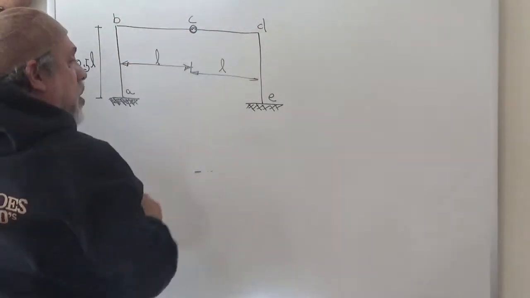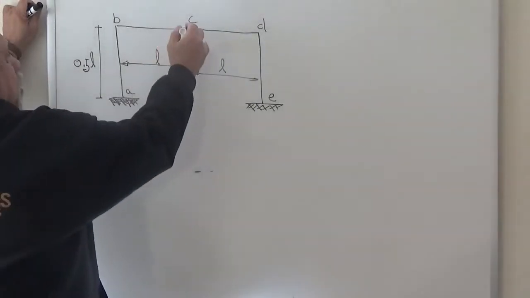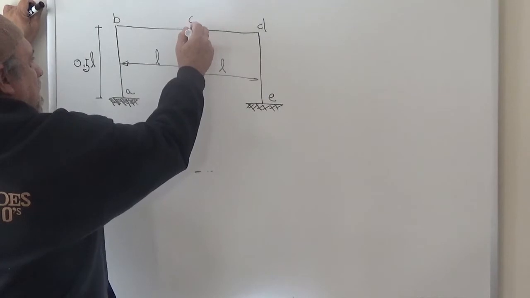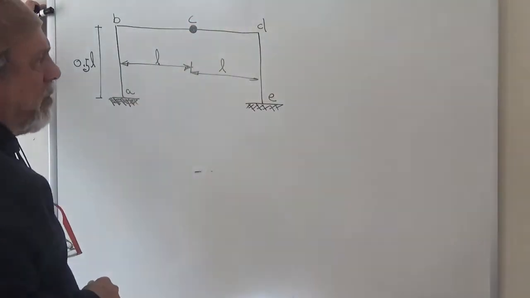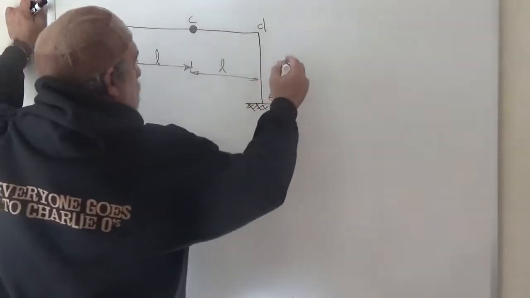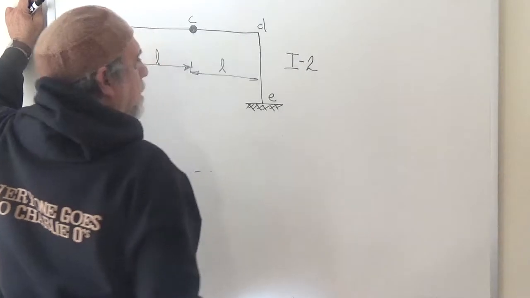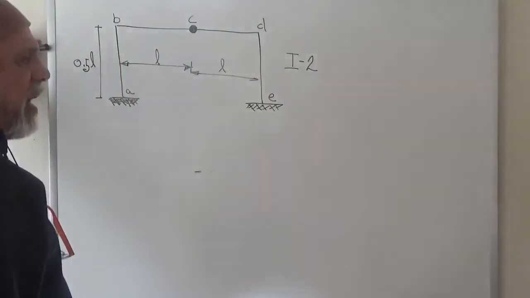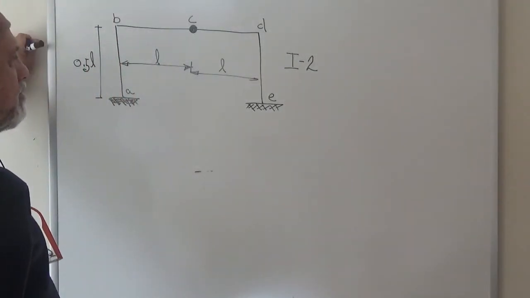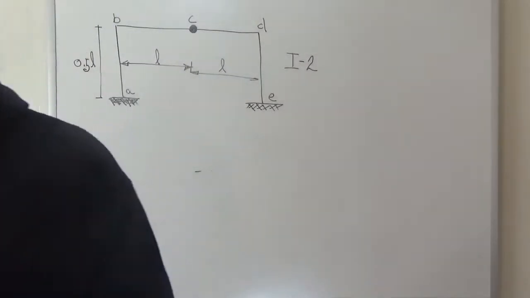So since you made one cut, that would be indeterminate to the third degree. However, because we have imposed a condition that the moment at this point is 0, then we know one thing about what's going on at one location, and that makes it indeterminate to the second degree, applying what we have illustrated previously. So we know that the structure is indeterminate to the second degree.